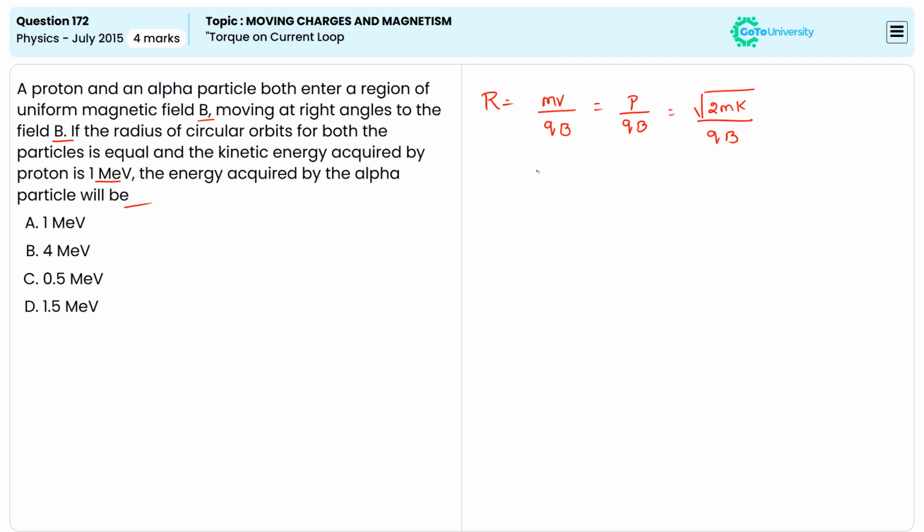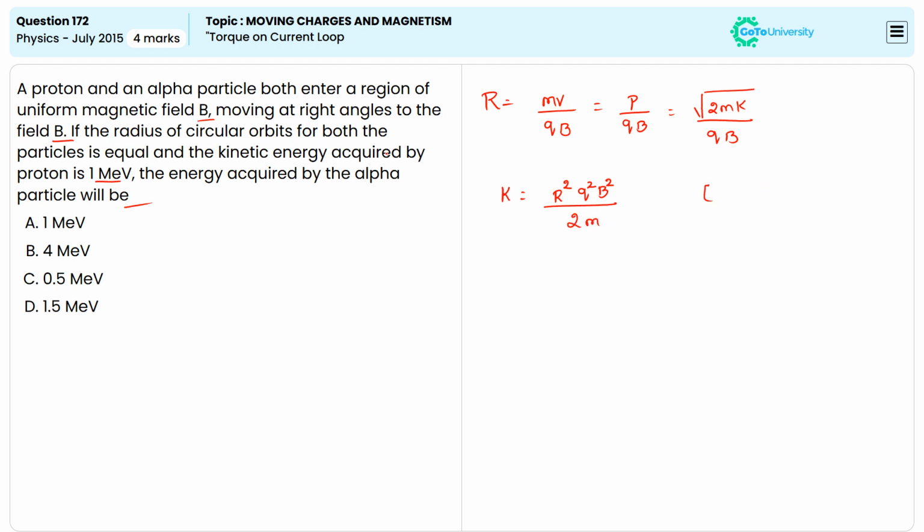Then by rearranging this and squaring on both sides, we get the value of K: K = R squared times q squared times B squared divided by 2m.